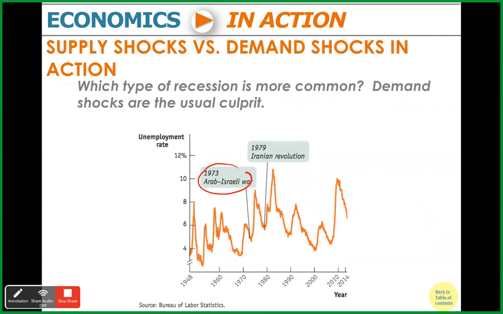And then in 1979, again, there was the Iranian revolution. So in either case, it pushed the oil price through the roof, because the Middle East and Iran are main oil exporters, right?